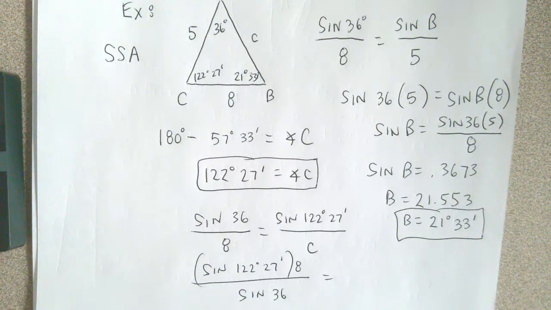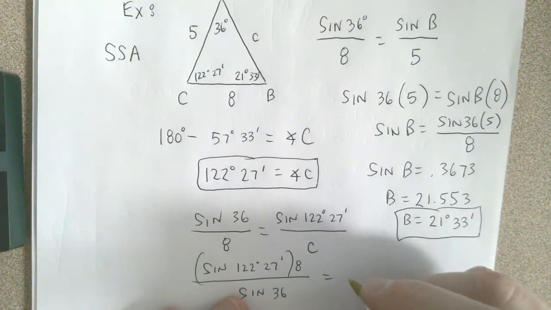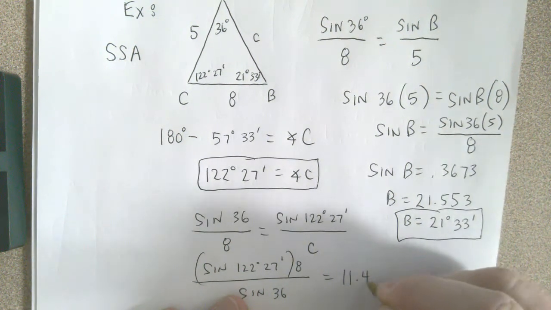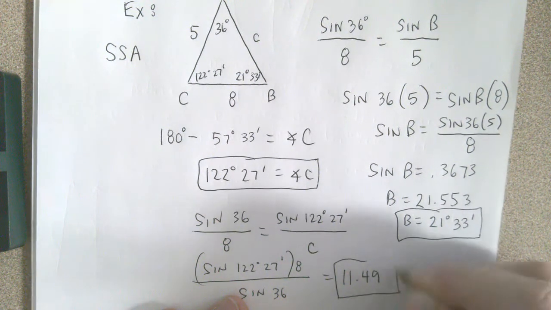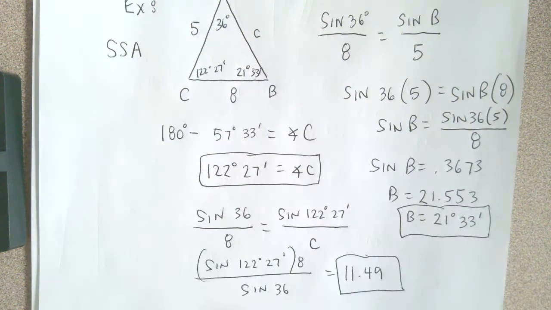We'll divide that by the sine of 36. And to the nearest hundredth, we'd say it's 11.49 if you round to the nearest hundredth.